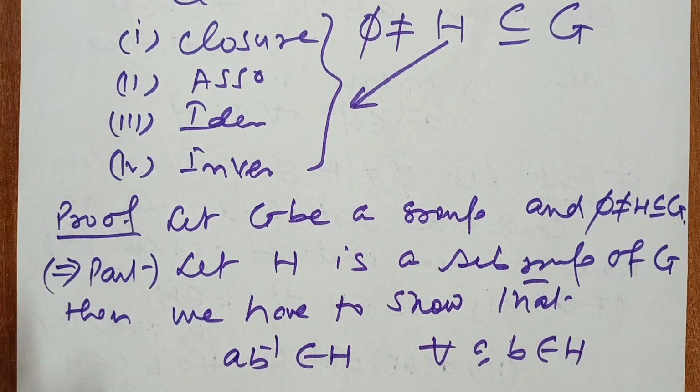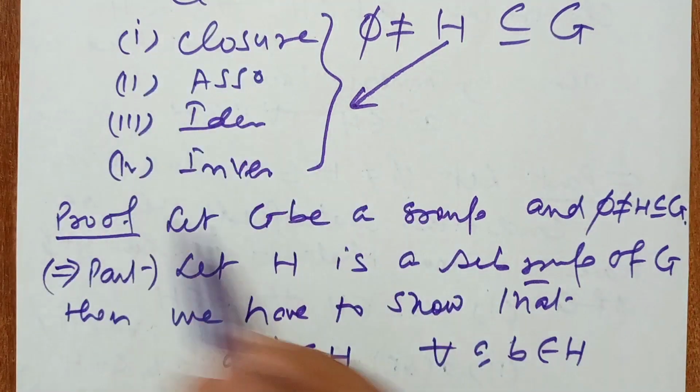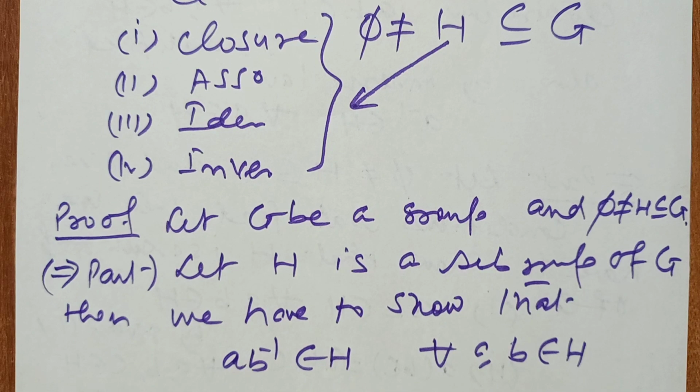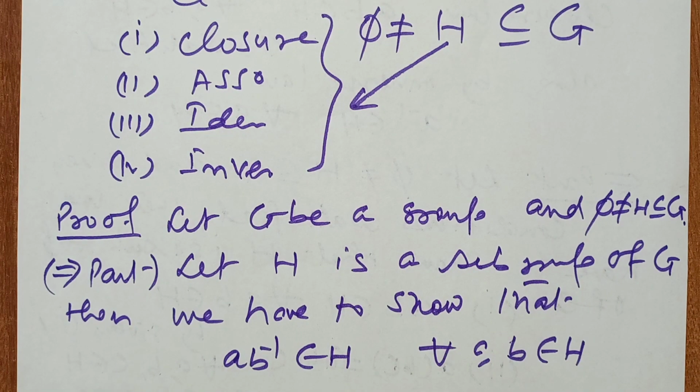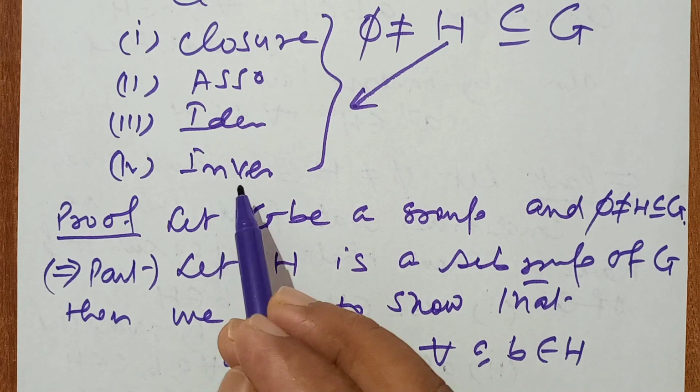Since H is a subgroup, H satisfies four properties. So think about the four properties and what we need, which is AB inverse. How will we find it from these conditions? This is multiplication, which is the closure law. The first is A and the second is an inverse, so we will use the inverse law.